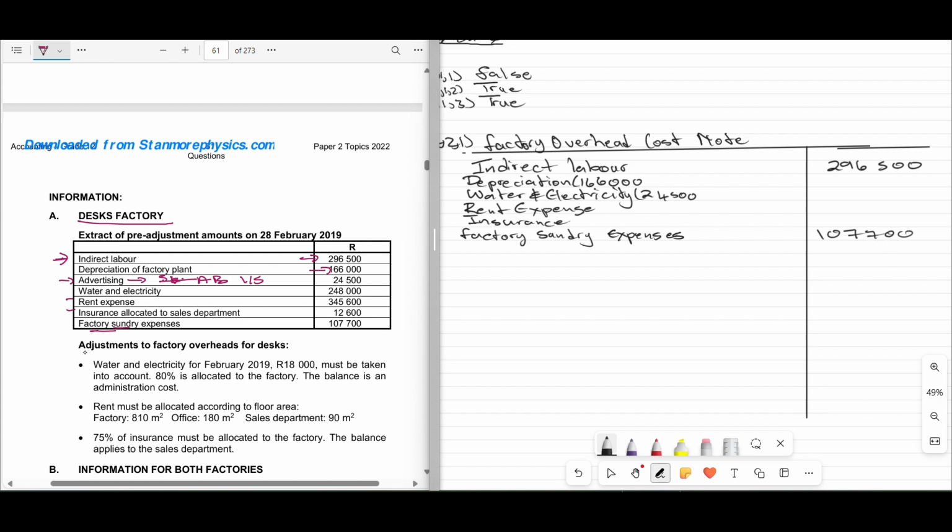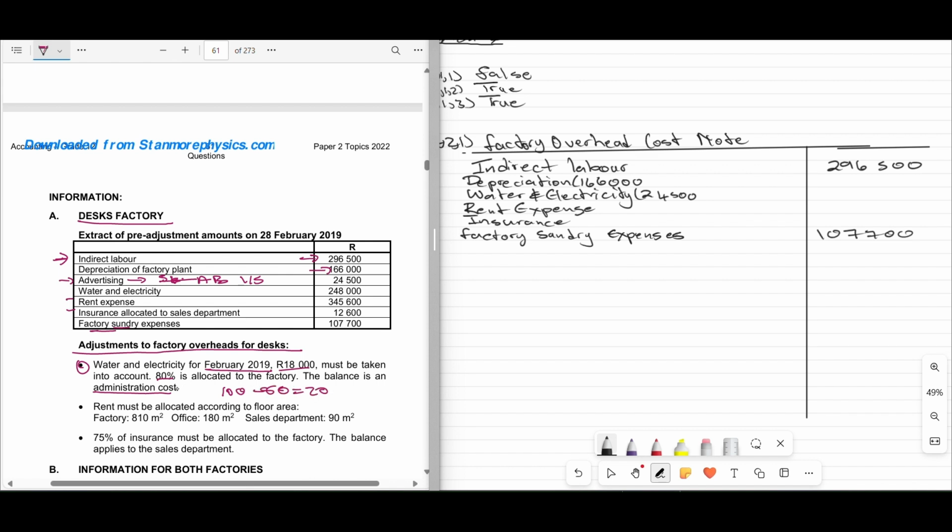So now let's go to the adjustment. This is very important. You cannot use the adjustment without taking into account the one from the trial balance. They are saying water and electricity for February 2019, 18,000, must be taken into account. 80% is allocated to the factory. The balance goes to admin. When it is 100 minus 80, we get 20.